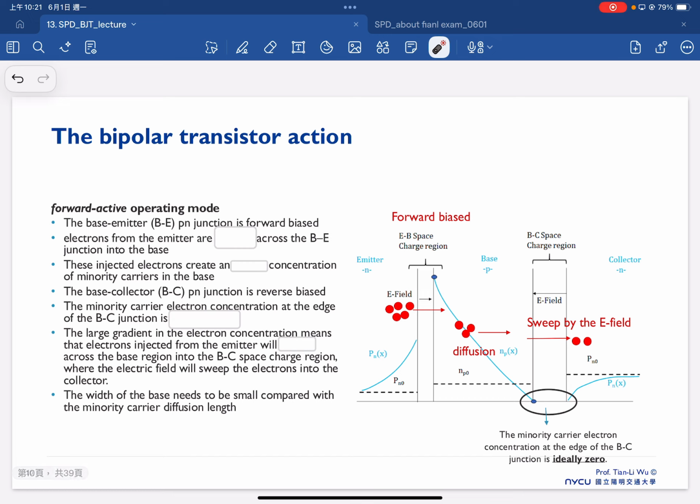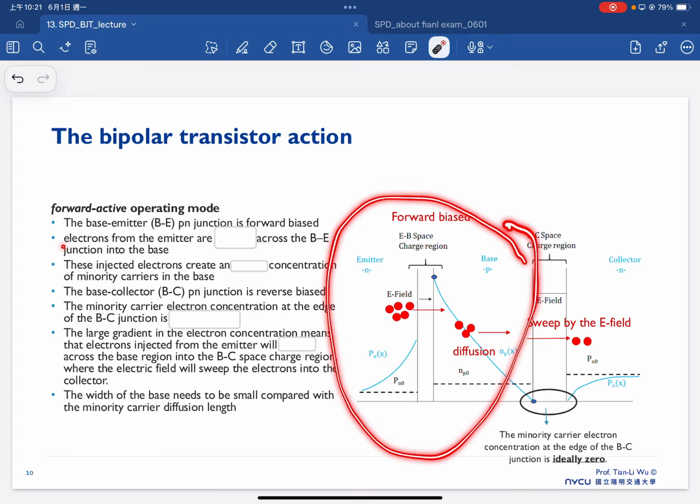So the next step is we need to understand how these carriers move from the emitter to the base and in the end reach the collector side. So the first one, the base-emitter PN junction is forward biased.